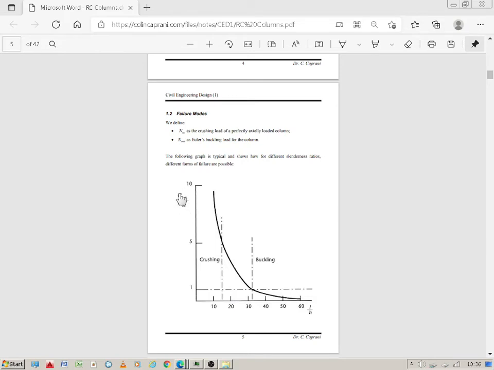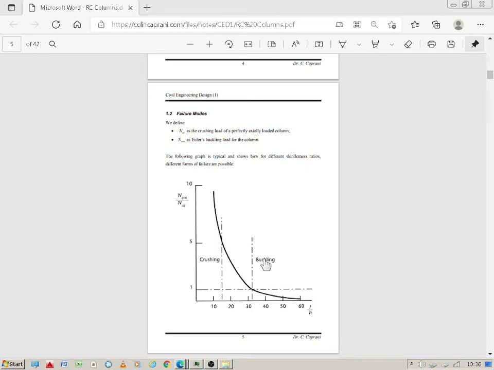Because of the N critical value on the y-axis, underneath 1, when you've got a very low effective length, the column will fail by crushing, and as it gets longer and longer, slenderer and slenderer, the column starts to fail in buckling.